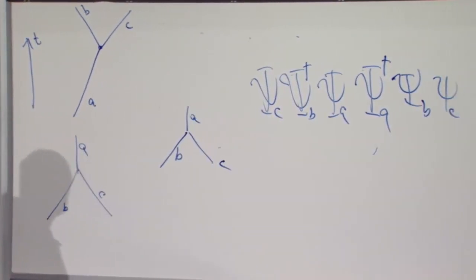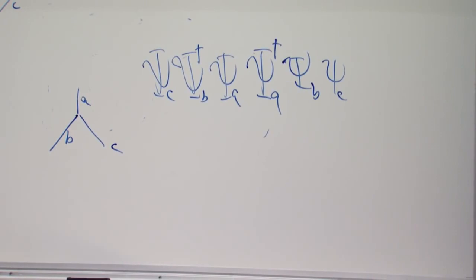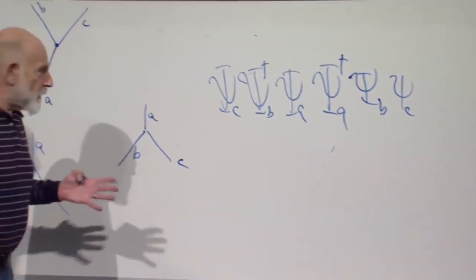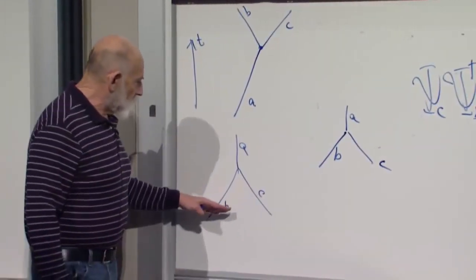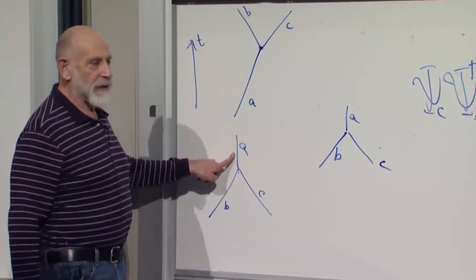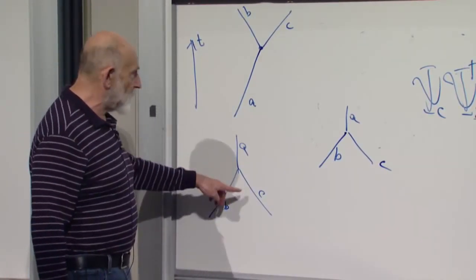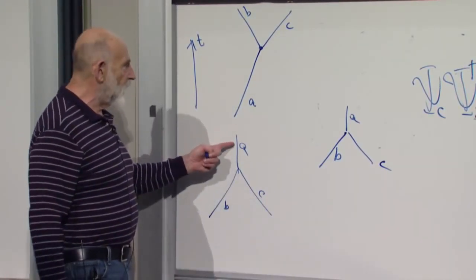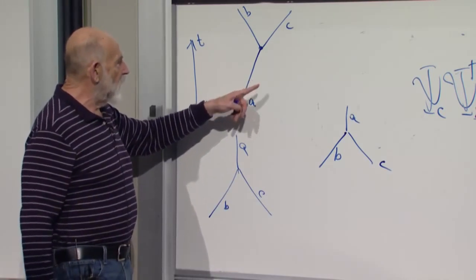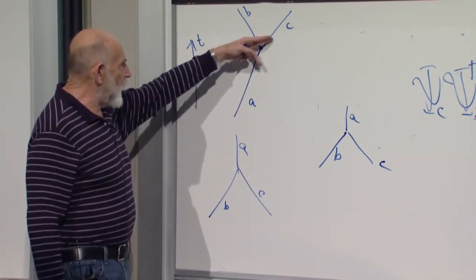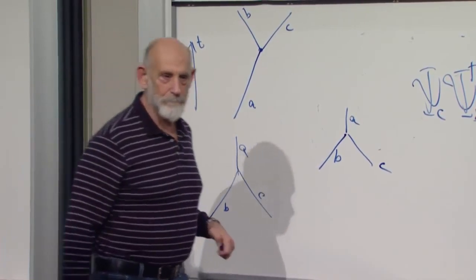That's a piece of the square of the term of the Hamiltonian. But it's very easy to see what it says. It takes a B and a C and makes an A, and then it takes the A, annihilates the A, and puts back a B and a C.